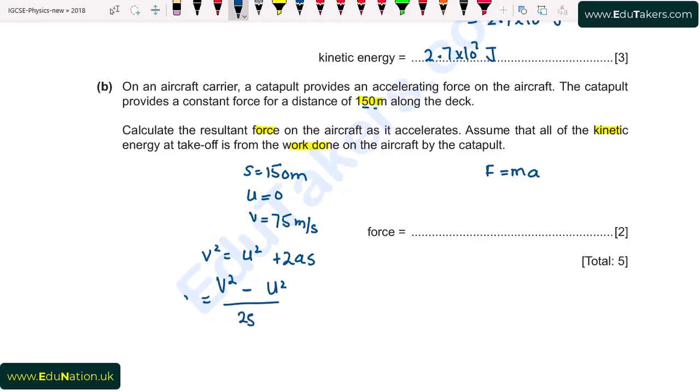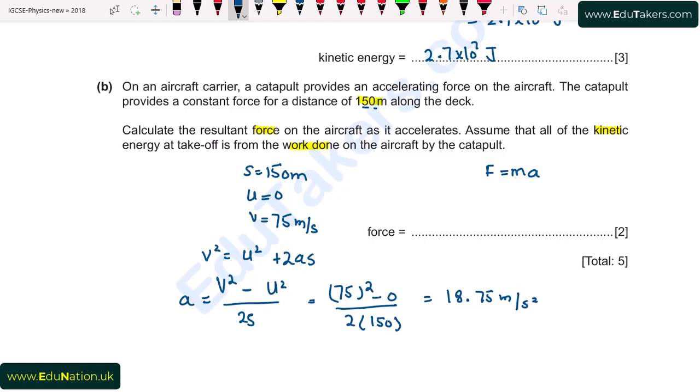Here v, the final speed, is given as 75, its square, minus 0, divided by 2 times the distance, which is 150 meters. So the value of acceleration comes to be 18.75 meters per second squared.